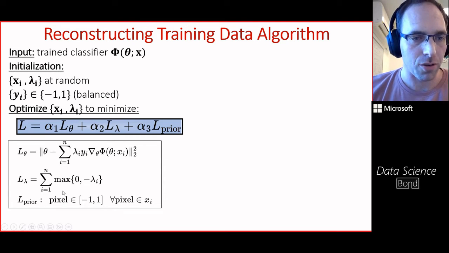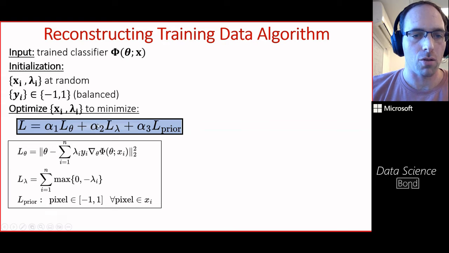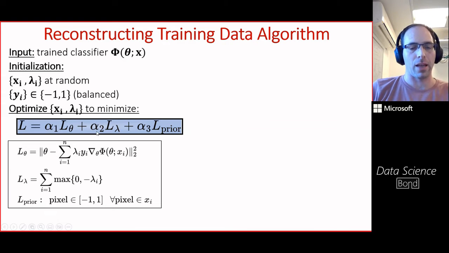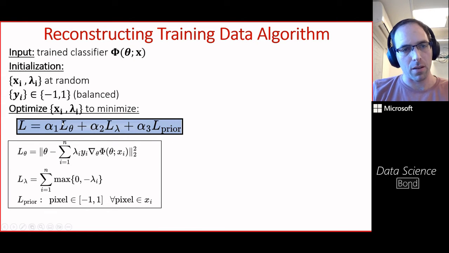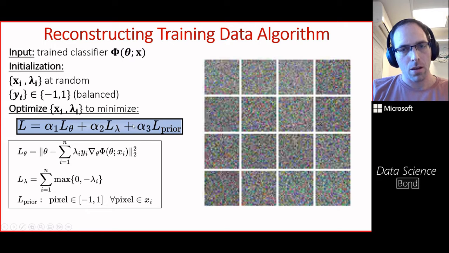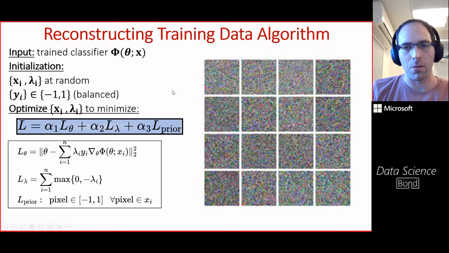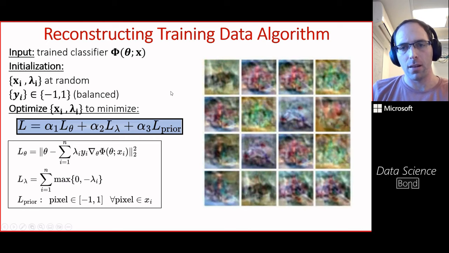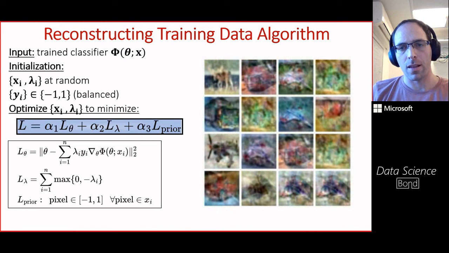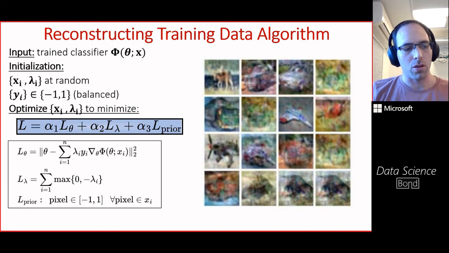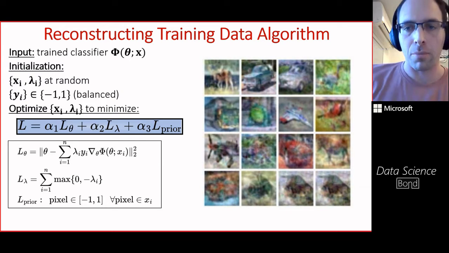So we have these 3 losses with some weights, like 1 or 5, something that we played a little bit with. And again, as you've seen, you have these x's sampled at random in the beginning because we know nothing about them. And just by minimizing this loss, the random x's drift slowly into samples from the training set.